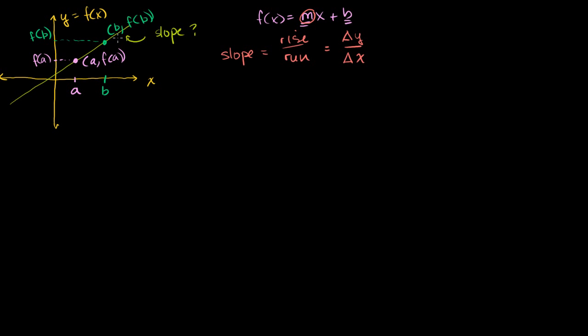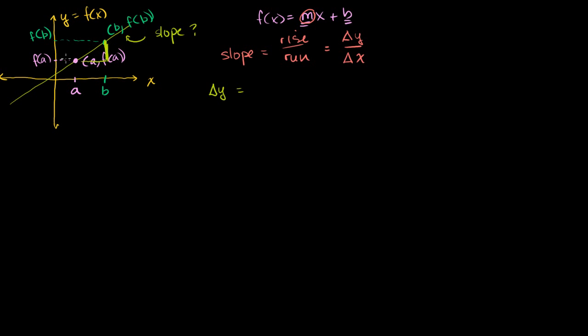So let's figure out what the change in y over the change in x is for this particular case. So the change in y is equal to what? Well, you can take this guy as being the first point or that guy as being the first point. But since this guy has a larger x and a larger y, let's start with him. So the change in y between that guy and that guy is this distance right here. So let me draw a little triangle.